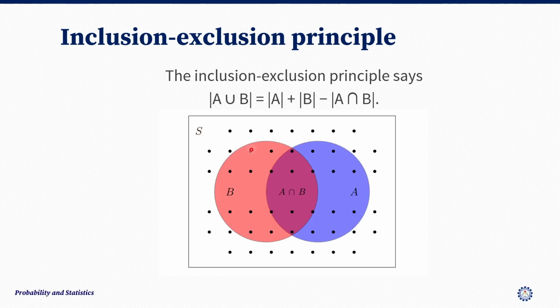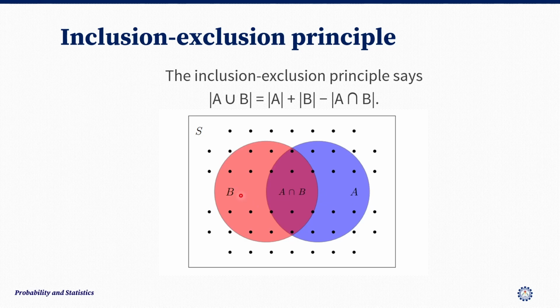S is all the dots inside of the rectangle. A is the dots in the blue circle and B is the dots in the red circle. The cardinality of A is the number of dots in A, and likewise for the other sets.